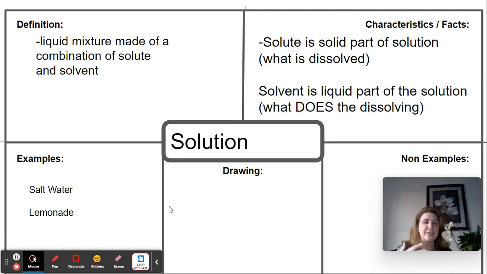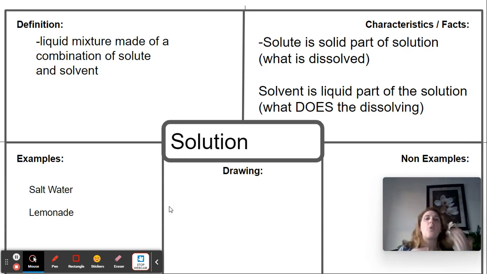If you think back to your last Frayer card, you drew two solutions. You drew a solution with a high concentration of sugar, and you drew a solution with a low concentration of sugar. So when I ask about a solution, we're typically going to follow up with asking about the concentration. Then again, we're going to bring it back to the cell membrane: the solution outside of the cell compared to the solution inside of the cell, the concentration outside compared to the concentration inside.